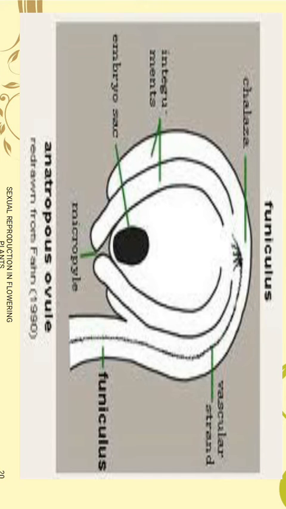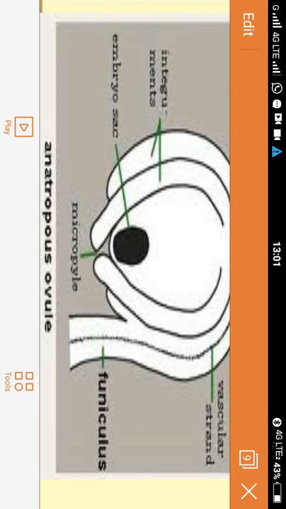The function of the micropyle is to guide the pollen tube; through the micropyle, the pollen tube can enter into the ovule. The end closer to the micropyle is the micropylar end, and the opposite end is the chalazal end.